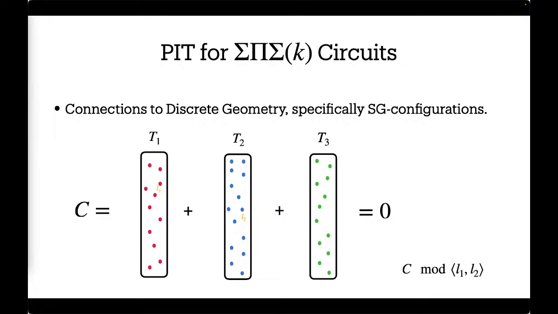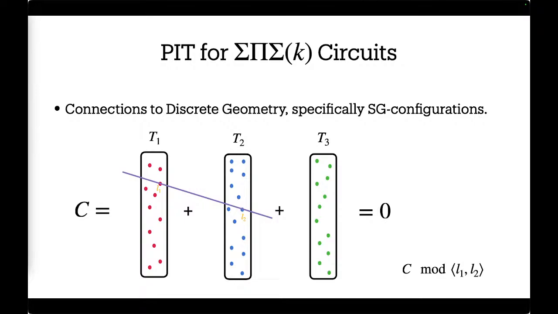It basically means you have 3 gates, T1, T2, T3. Consider the linear forms in T1 to be red points, T2 to be blue, and T3 to be green, and pick any 2 points of different color. Pick L1, L2, which are red and blue, and then consider the circuit mod this ideal, C mod L1, L2.